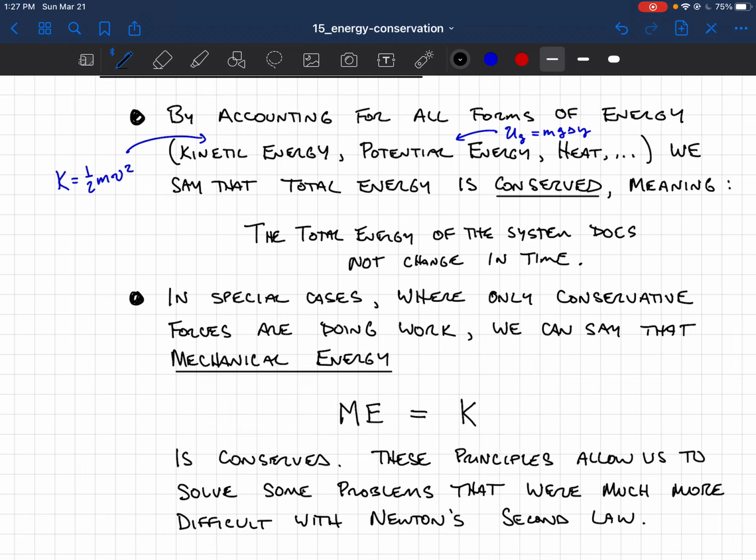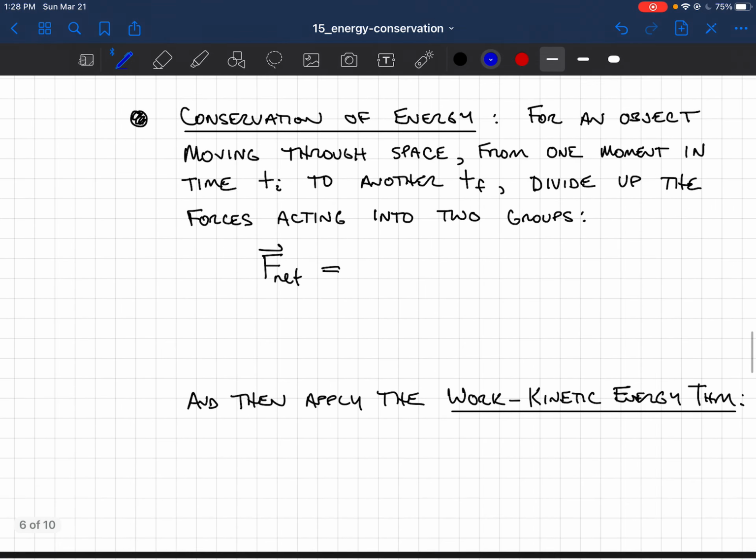And mechanical energy is defined to be the kinetic energy plus the potential energy. And when we say potential energy, we mean the sum of all the potential energies, so the potential energy due to gravity plus the potential energy due to the spring. If only conservative forces are doing work, then we can say that the mechanical energy is conserved. And that will allow us to solve some problems. We'll do some examples in a moment.